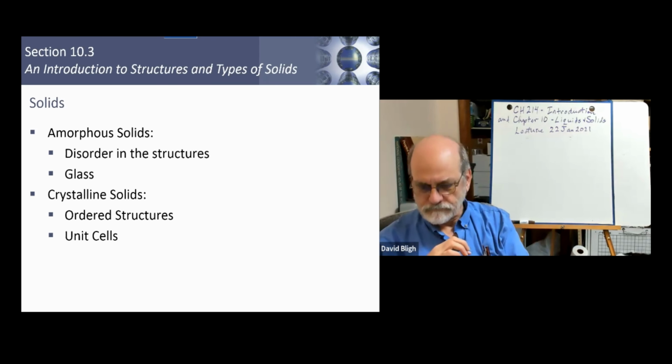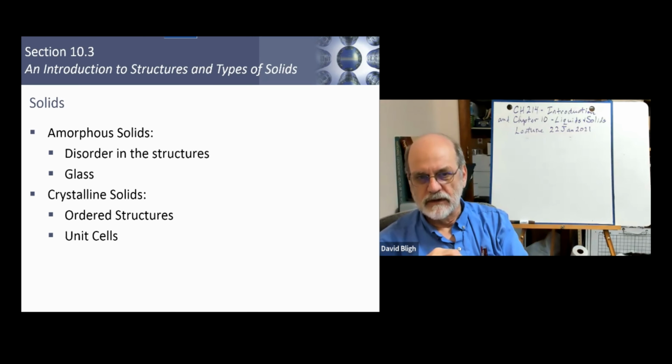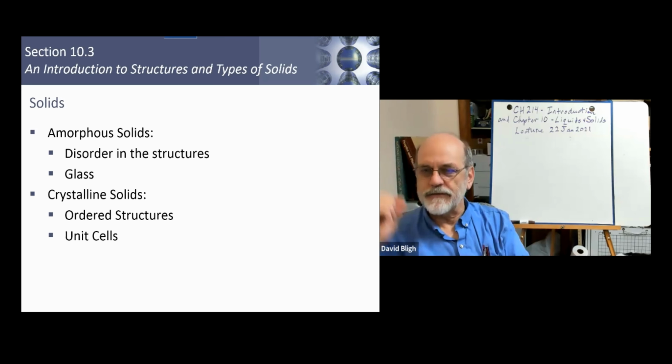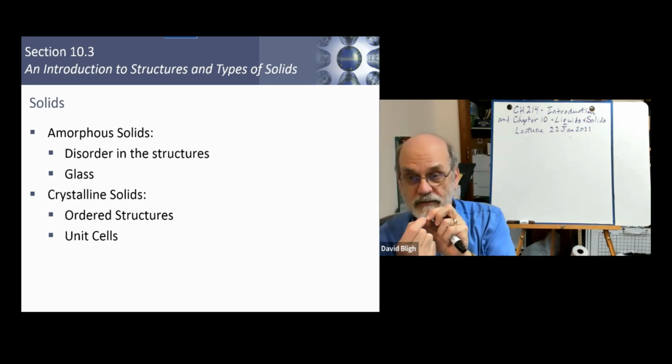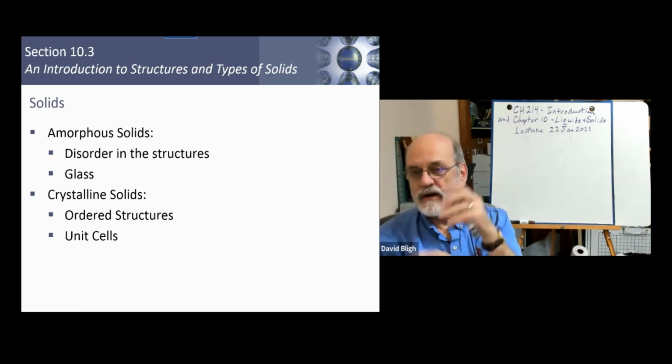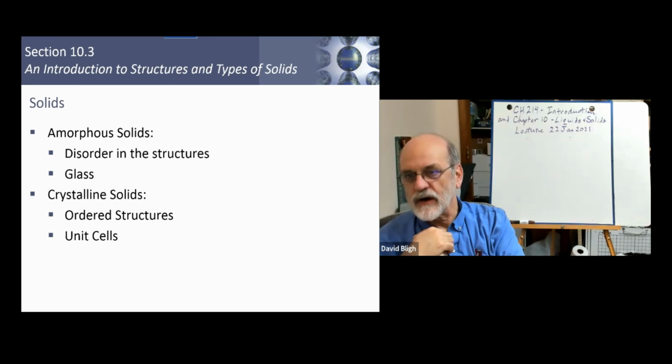On the other hand, amorphous solids do not have that structure. They're characterized by disorder. Even if small parts of the amorphous solid may be crystalline in nature, they are irregularly distributed, heterogeneous. Glass is a perfect example of that. And when we say glass, nowadays, you've got to be more specific.